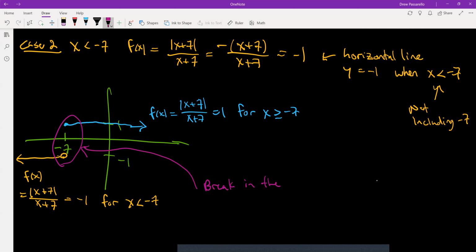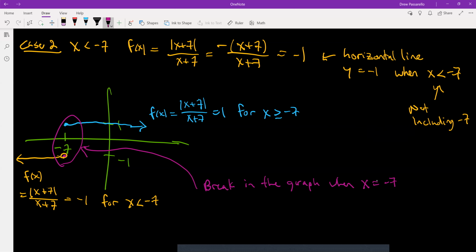That break occurs at -7, when x is -7. And if I were to try to redefine the function and enclose the hole down here, that doesn't make the graph connected because I still have this break in the graph.